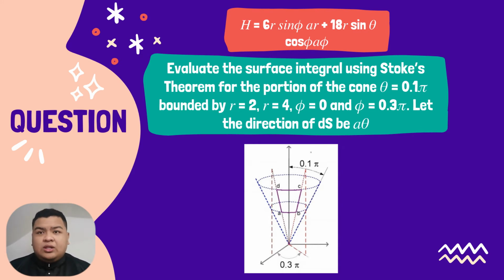After all the parameters have been observed, we can figure out that the particular surface we need to use in calculating the surface integral is shown in the figure here.